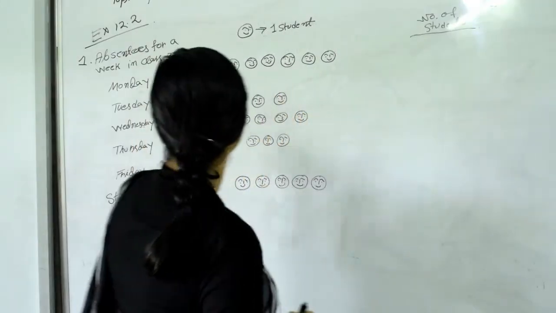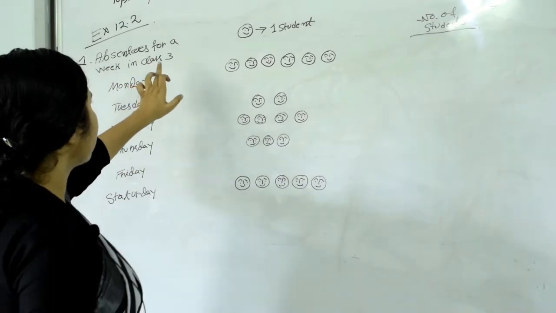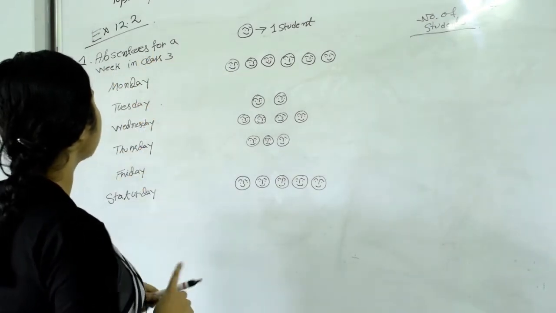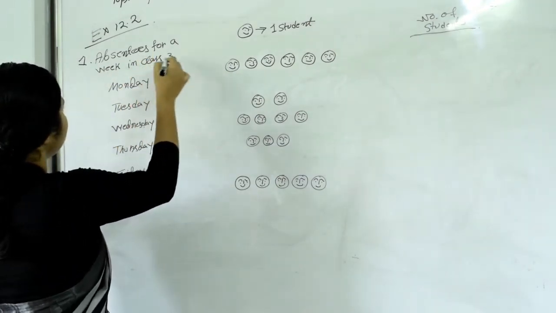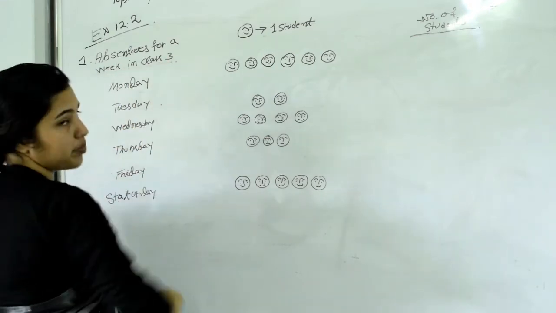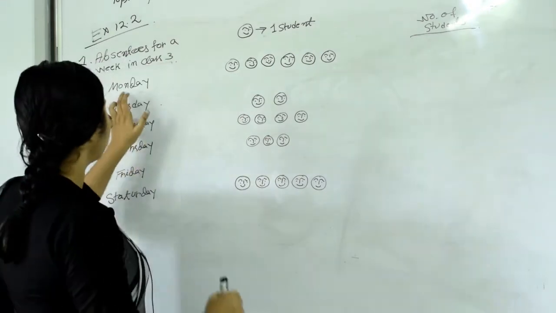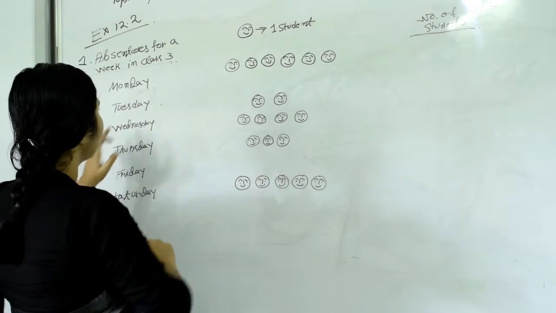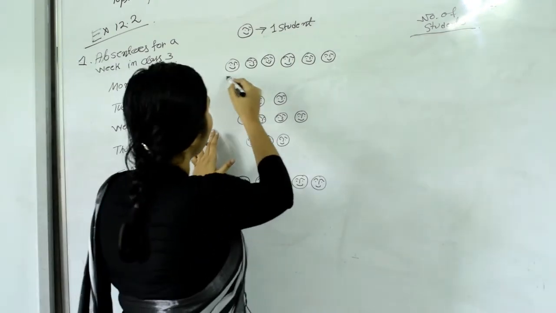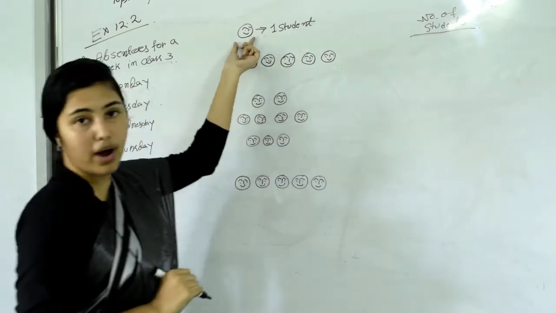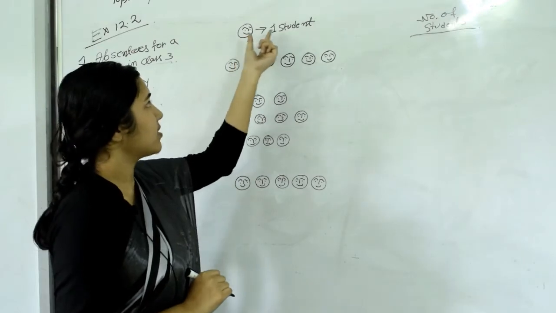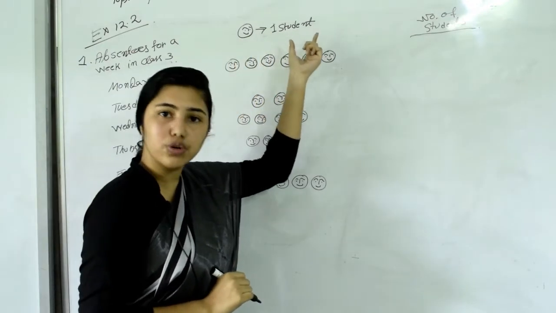So here the number of absentees for a week in class 3. Okay, we have to count the number of absentees. So first, Monday. Here, look at this pictograph. Here, one smiley face represents one student.